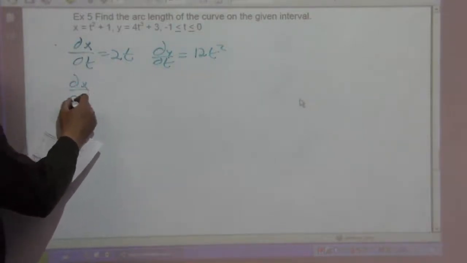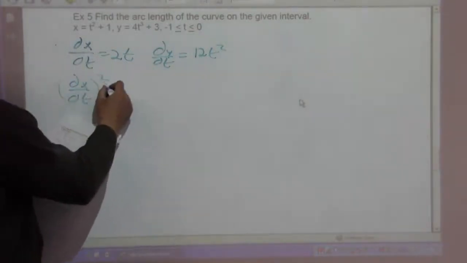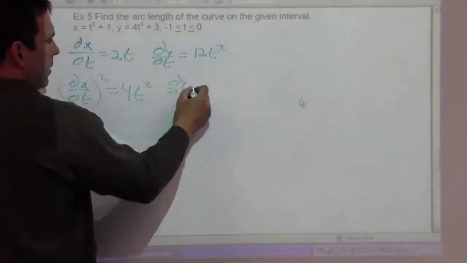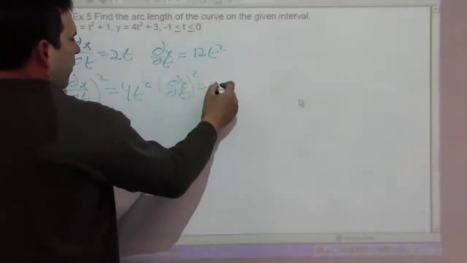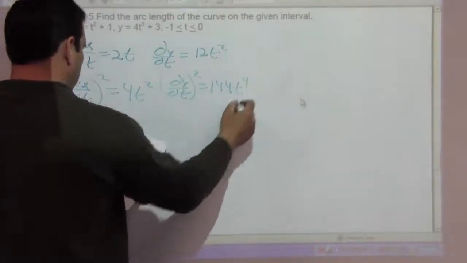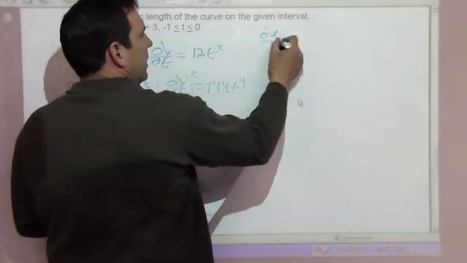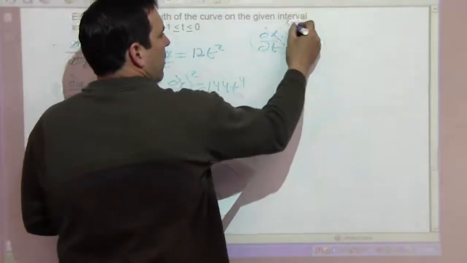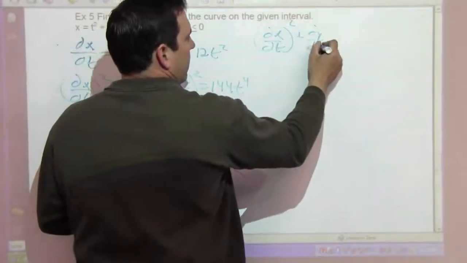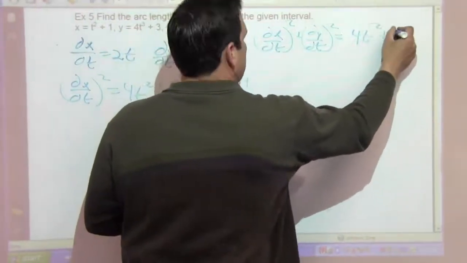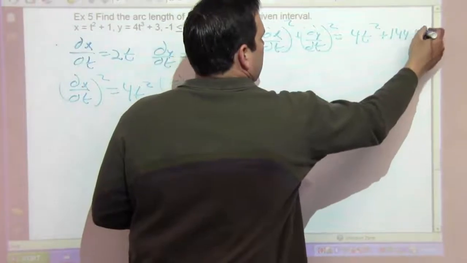So (dx/dt) squared is going to be 4t squared, and (dy/dt) squared is going to be 144t to the fourth power. So when we look at (dx/dt) squared plus (dy/dt) squared, we're going to have 4t squared plus 144t to the fourth.